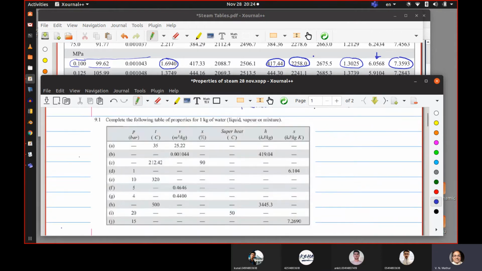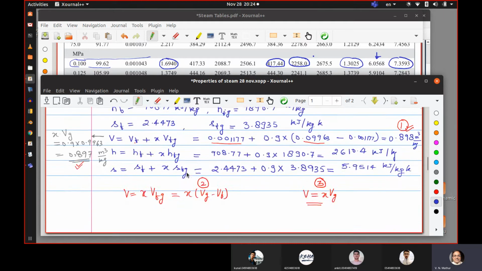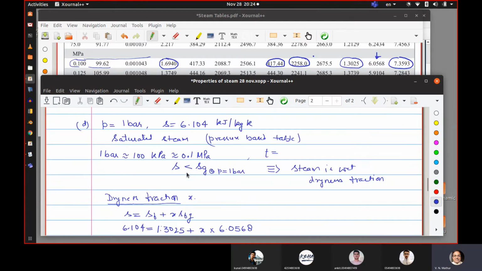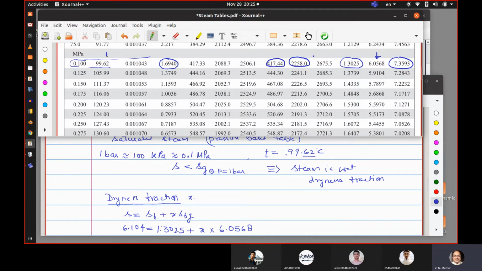So what we have done is we have read the temperature. This is the D part. We have got the temperature corresponding to 1 bar, this is 99.62 degrees centigrade, the value given here.